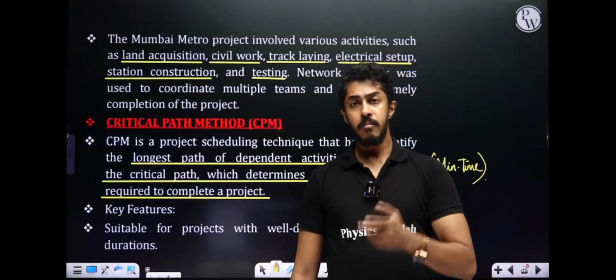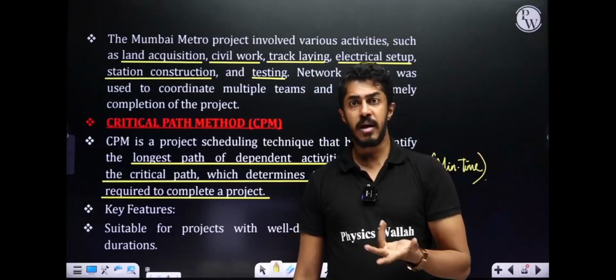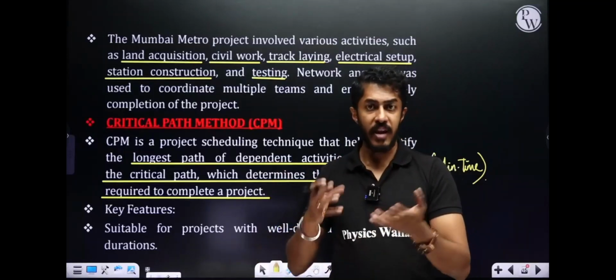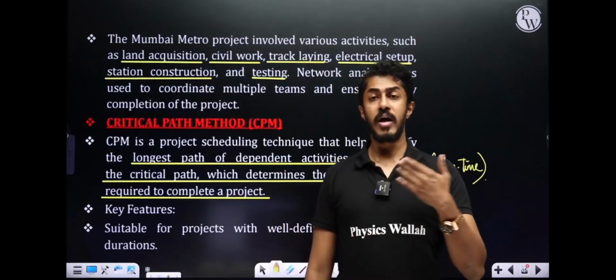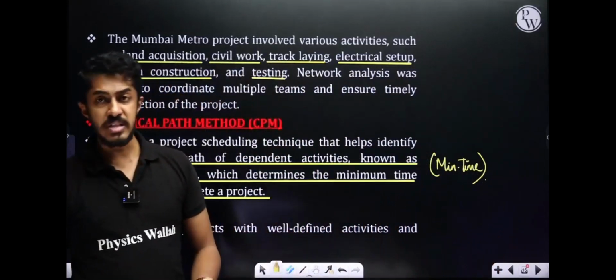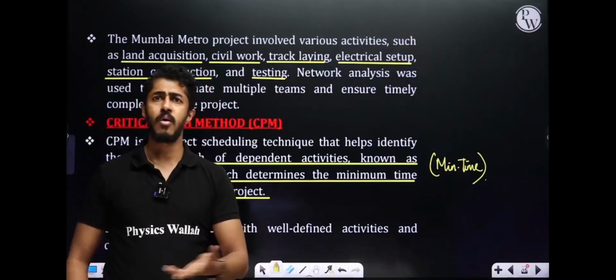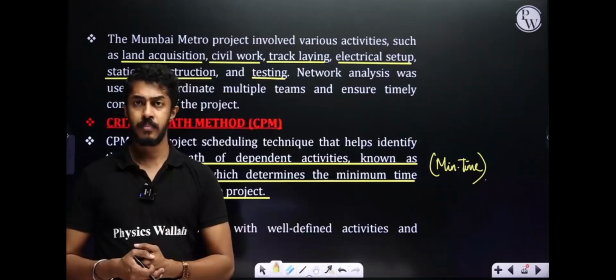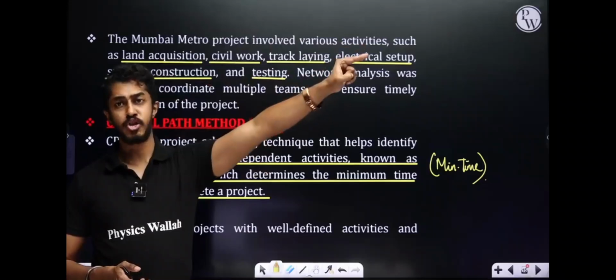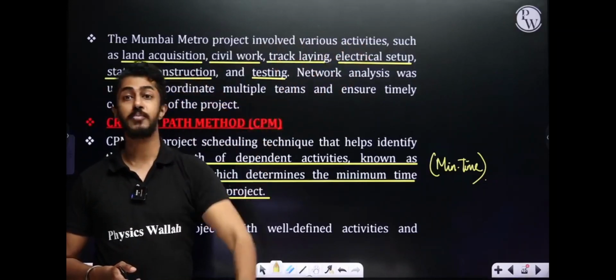Why? Because I don't know when the engine will get manufactured. I don't know when we will sign a new deal with France, or with the USA, or with Russia. I have no idea of these things. But let us say I want to build a railway bridge in Jammu and Kashmir.